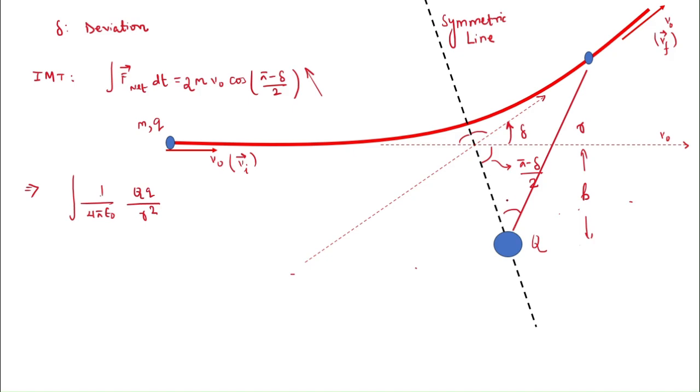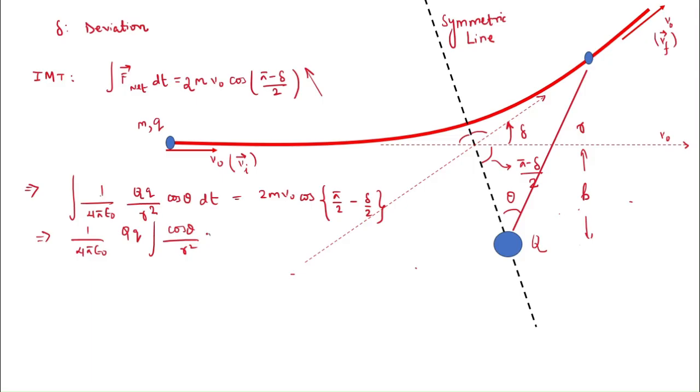So if I call this angle theta, I will take cos theta here multiplied by dt is equal to 2mv naught cosine (pi by 2 minus delta by 2). This implies, let's take the constants out, integral cos theta by r square, theta and r both are variable in this situation, multiplied by dt equal to 2mv naught sine of delta by 2. Let's call this our equation number 1.